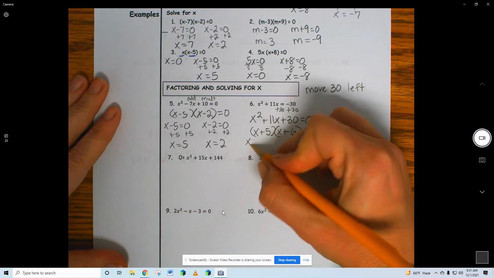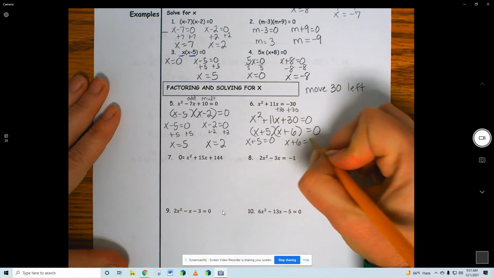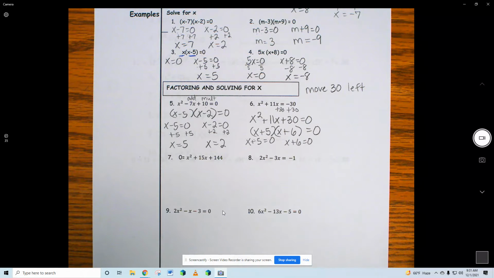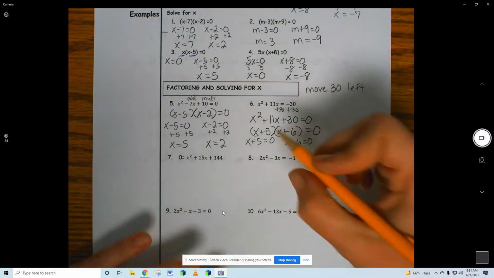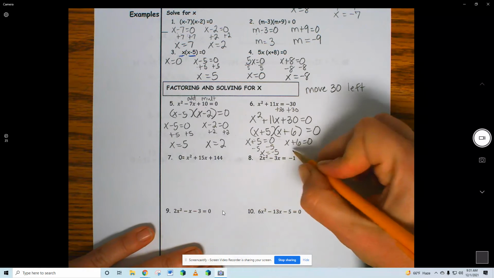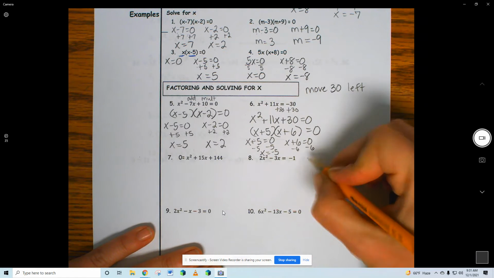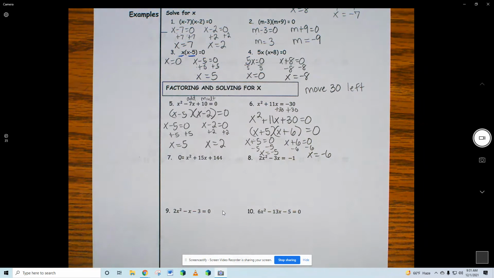X plus 5 equals 0. What's x? The opposite sign, remember? X equals negative 5. And subtract 6 from both sides, x equals negative 6. These are the two values for x.